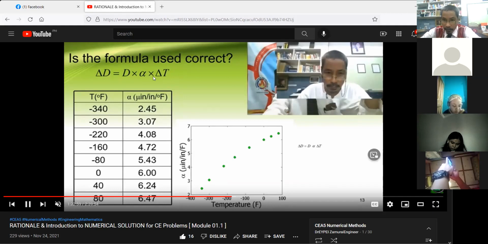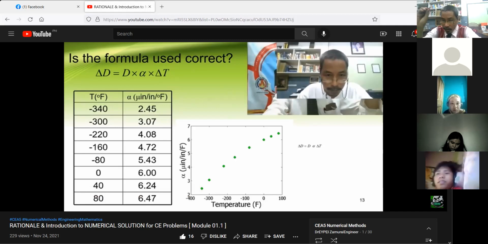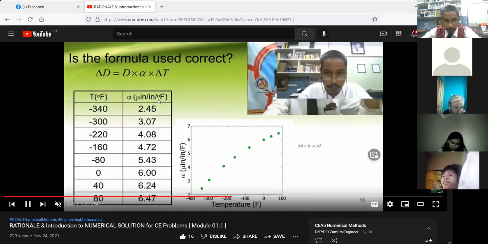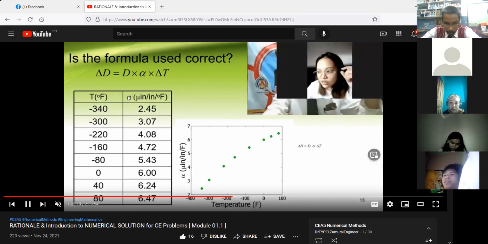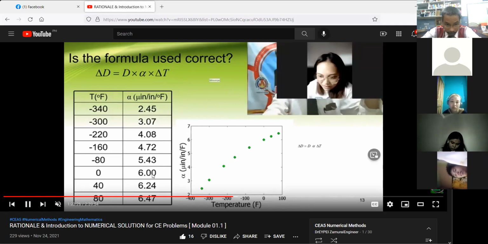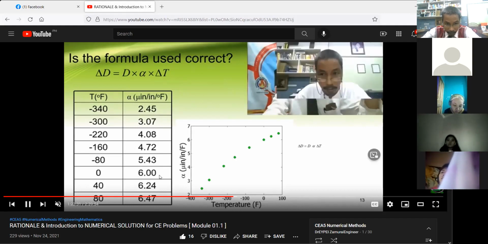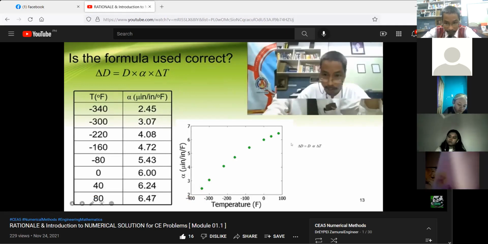But look at our application. The temperature rises from ambient temperature to some other temperature, from 80 degrees Fahrenheit to 108 degrees Fahrenheit. So it changes. Look at the characteristic, the coefficient of thermal expansion. At 0 degrees Fahrenheit, this is equal to 6 micro inches per degree Fahrenheit.